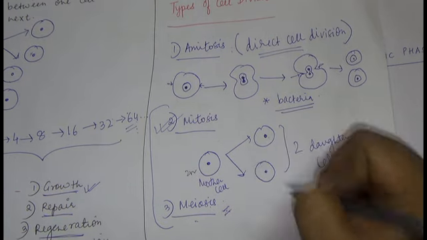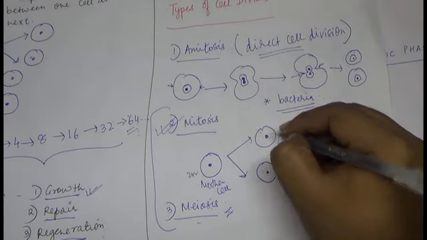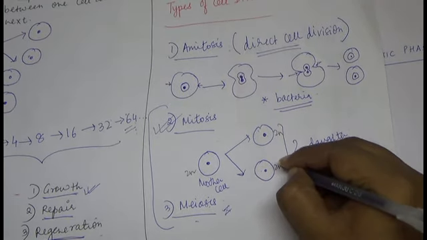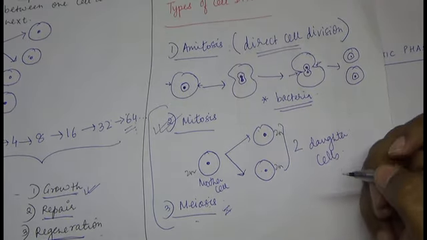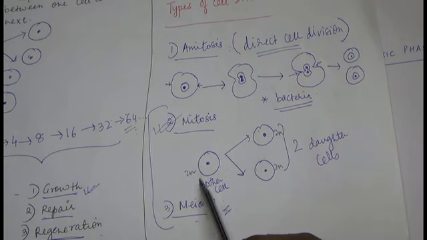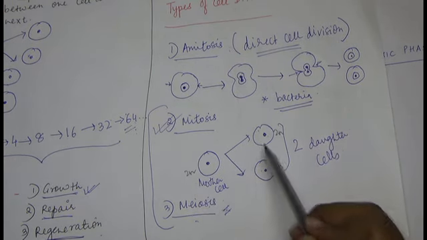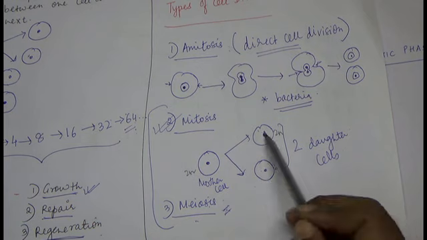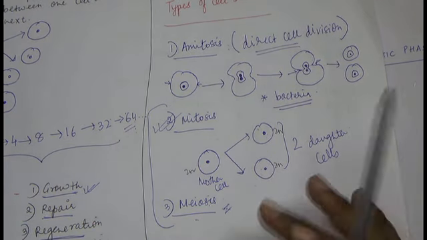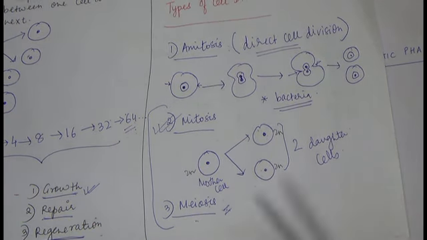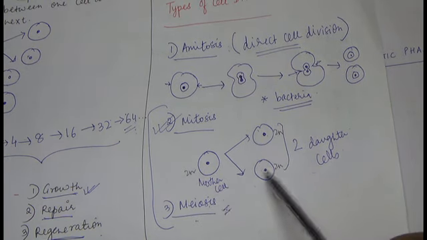It will give rise to 2 daughter cells which will be 2n each. That means a single diploid mother cell will give rise to 2 diploid daughter cells. This is the actual definition of mitosis. A single diploid mother cell gives rise to 2 diploid daughter cells.